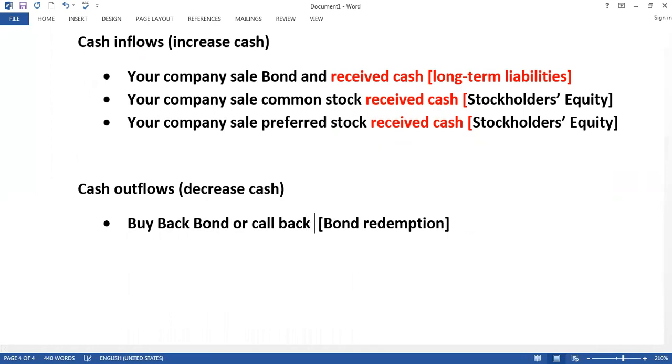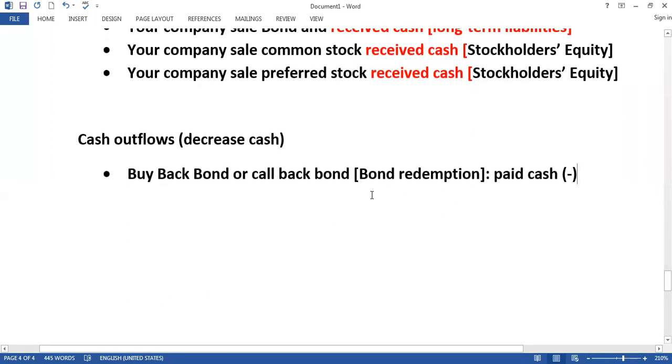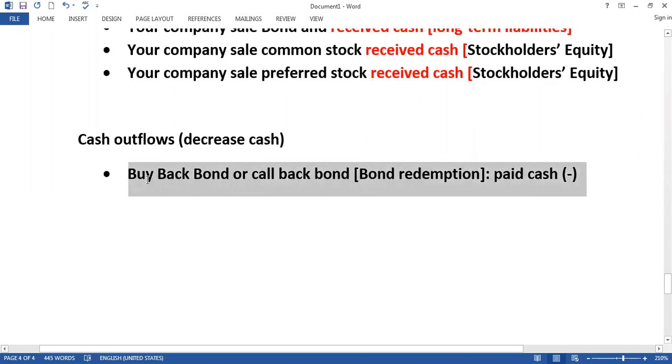When you buy back the bond, you have to give me cash. Otherwise, I will not return back the bond, right? Paid cash means cash decrease. I think you remember from our long-term liability chapter. Now we have another terminology, if you remember.